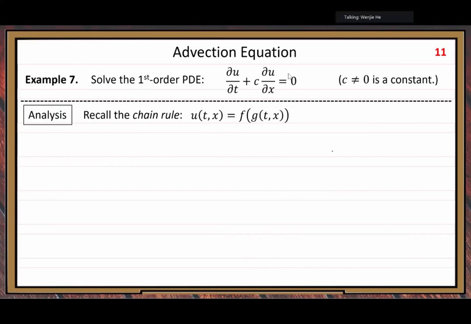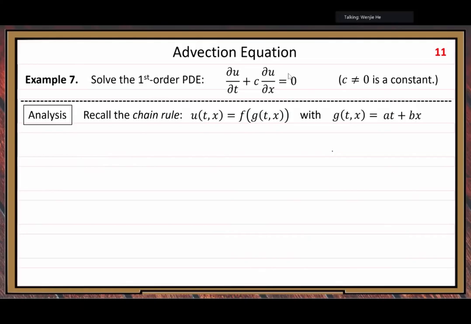So now you need to try some simple g function. Linear function. Is a linear function simple? Yes, so let's choose the g function as a linear function: g of t comma x equals at plus bx.